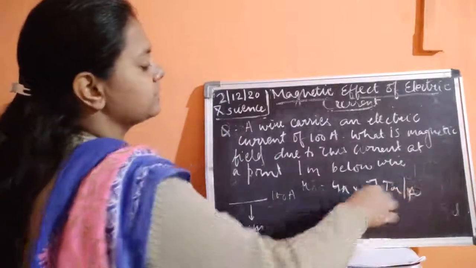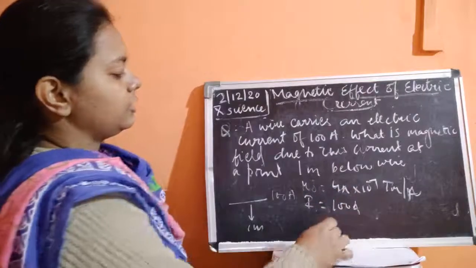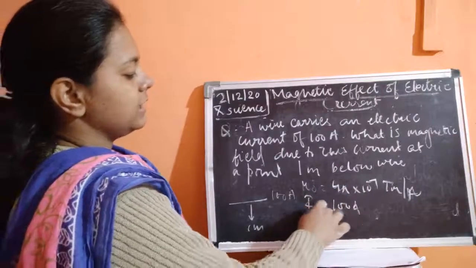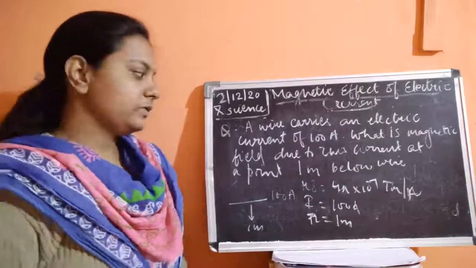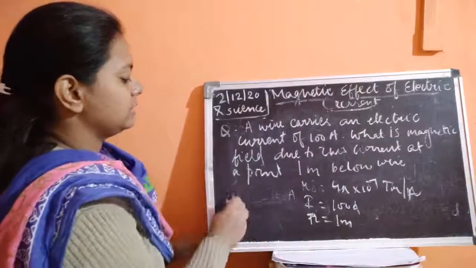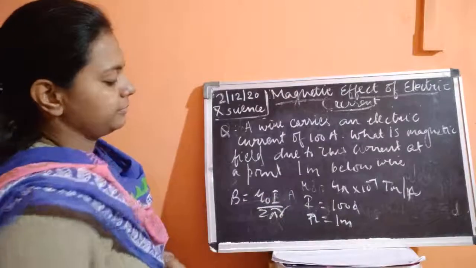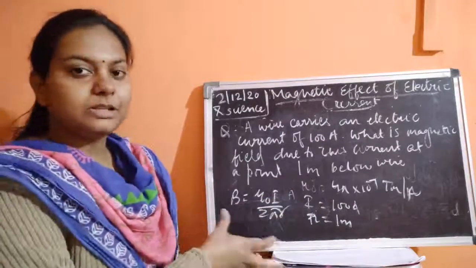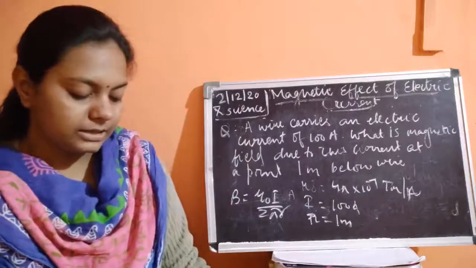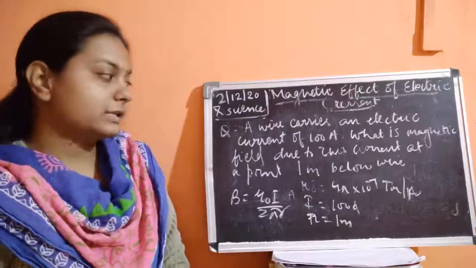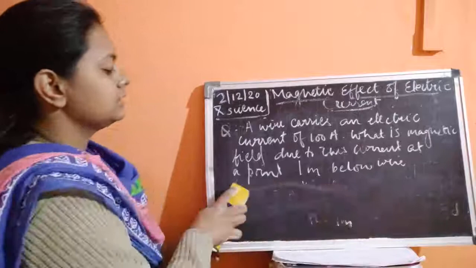Similarly you have the value of I, that is 100 ampere, and also we have the distance, that is R, equal to 1 meter, and you can simply put all these values in the formula B is equal to mu naught I upon 2 pi R. You have to substitute the values in this formula and you will get the answer. I think you can solve this now, and after solving we'll be discussing this answer in the next class.